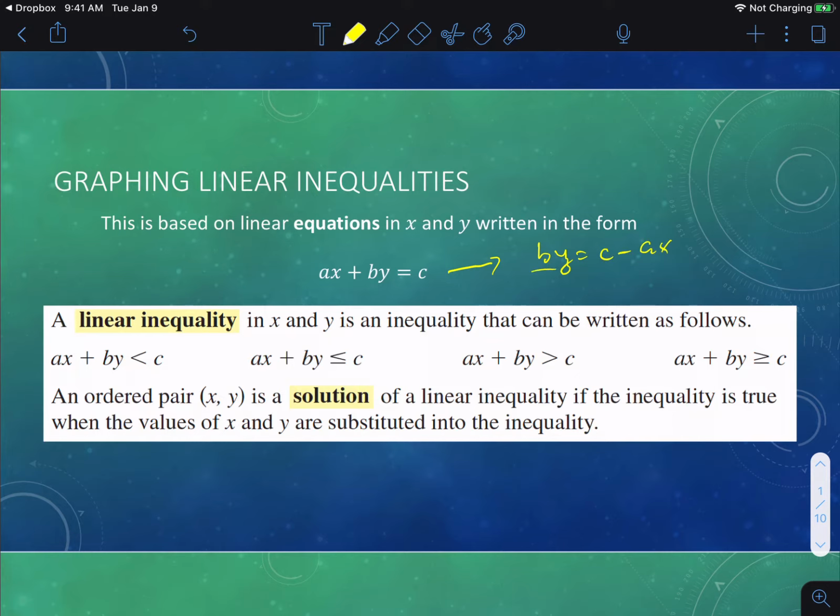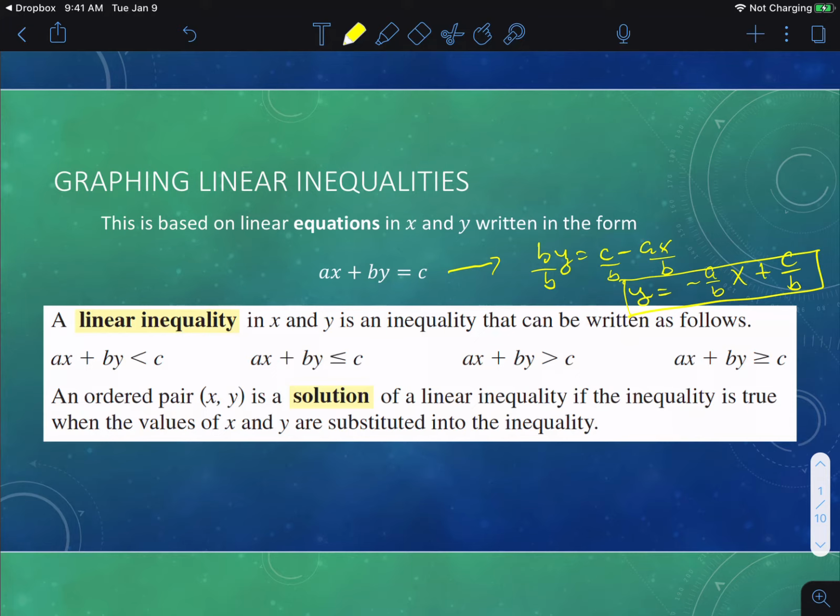And then if I divide everything by b, I can get y equals negative a over b x plus c over b. And if you look carefully, that is slope-intercept form. So we'll be talking about that later today too.